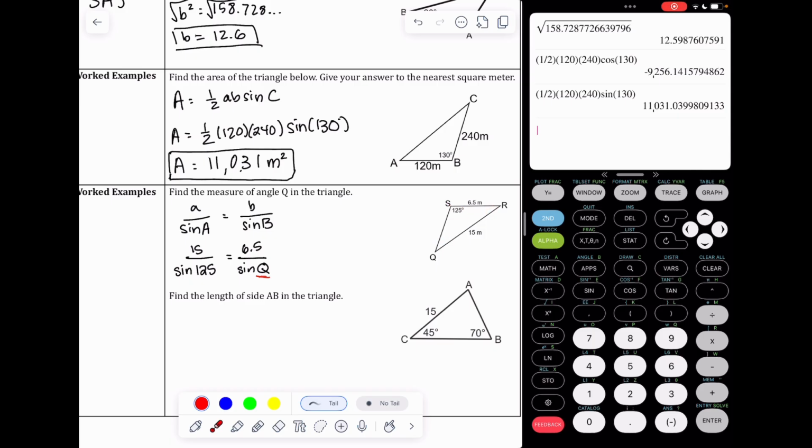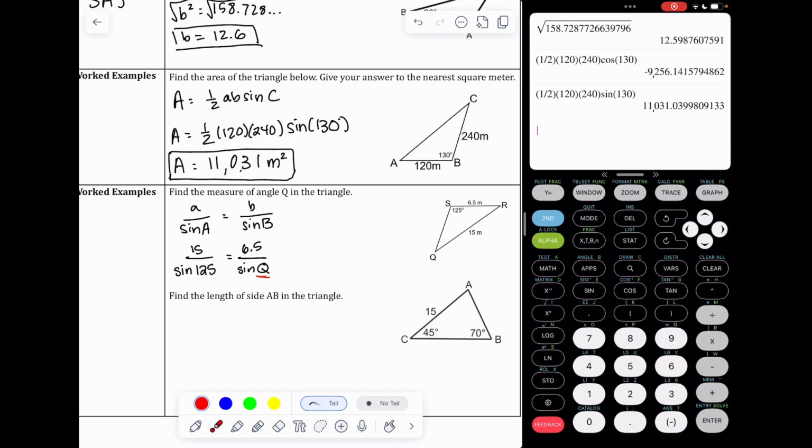So even if the info you're trying to find doesn't have a side angle pair, as long as we have one known side angle pair, we can find the other angles. We just might have to find the one we have enough info to find first. But luckily, in this case, the angle we want is part of a side angle pair, so we can go ahead and use it. All right.